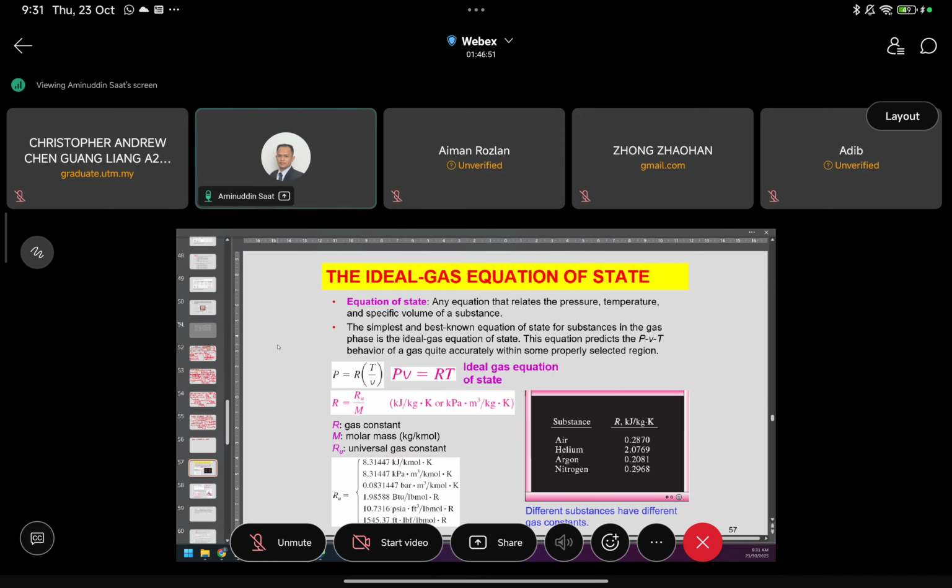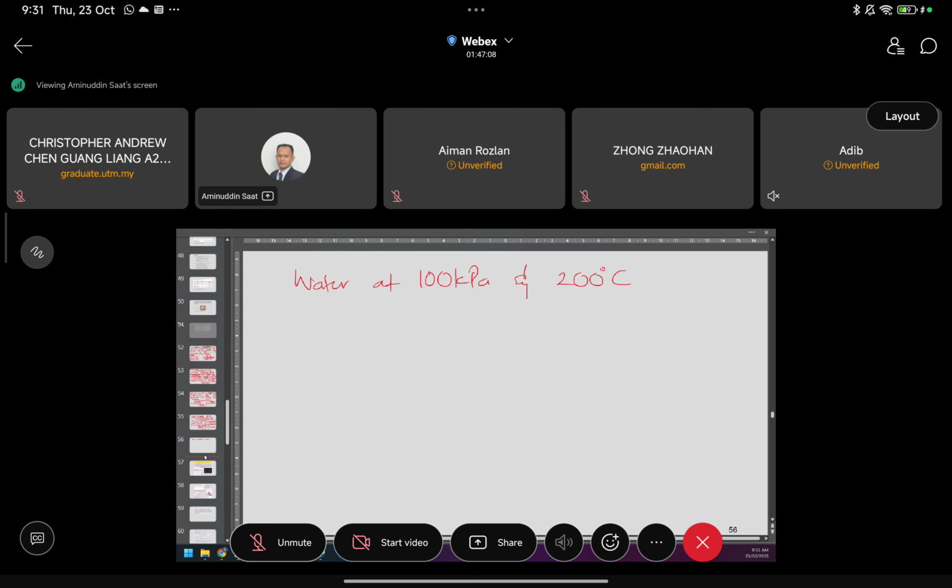Okay, next one, we need to move to the last part of the topic, which is related to the ideal gas equation. Okay, so if we can recall, we have covered the water. Okay, we have covered the refrigerant. One example.